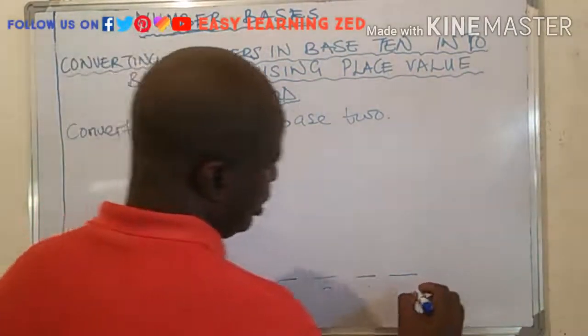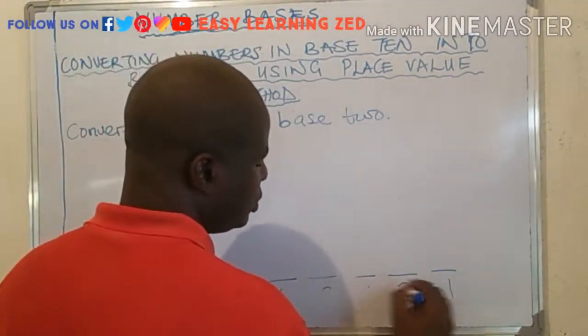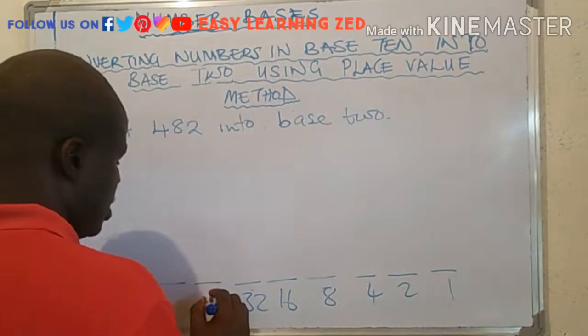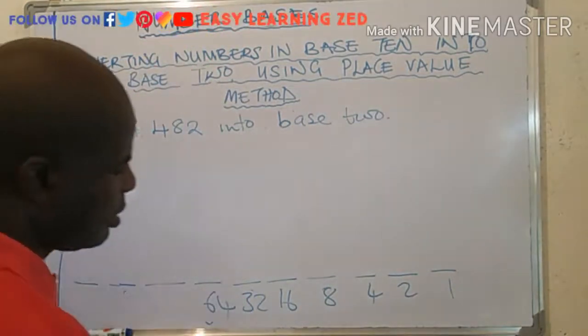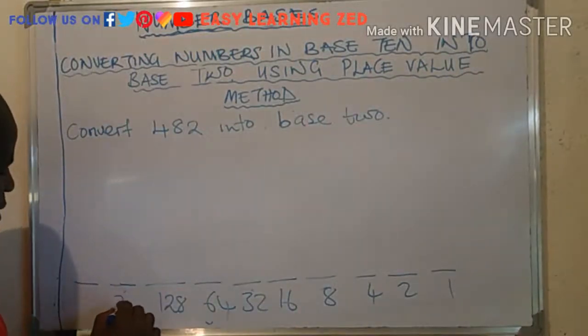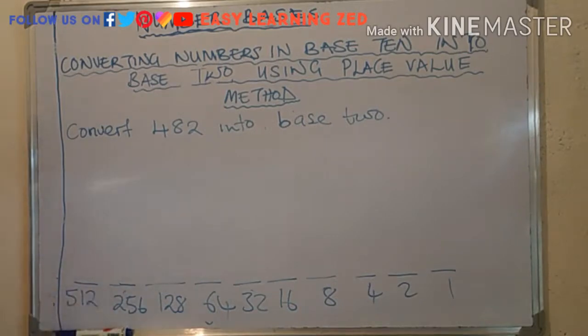Then we say 1s, 2s, 4s, 8s, 16s, 32s, 64s, 128, 256, 512. These are the place values of 2s.